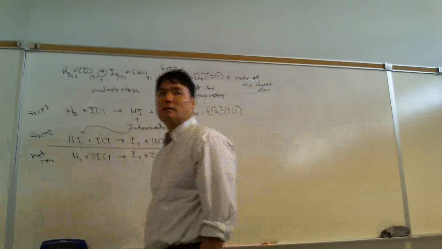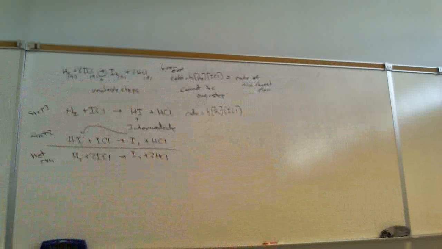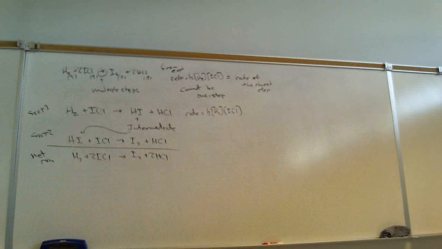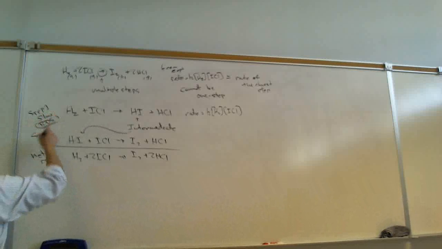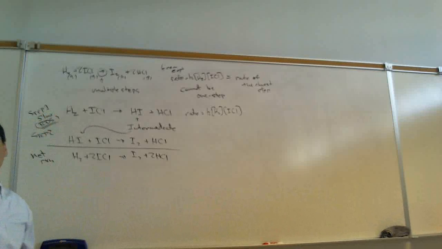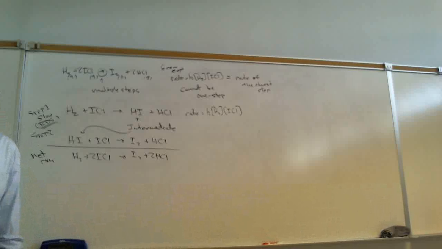Do you see that? If we call the first step slow, we just say that this is the slow step. The slow step is called the RDS. RDS stands for rate determining step. The slow step is always going to be the rate determining step. So if we call the first step the RDS, then everything looks good.